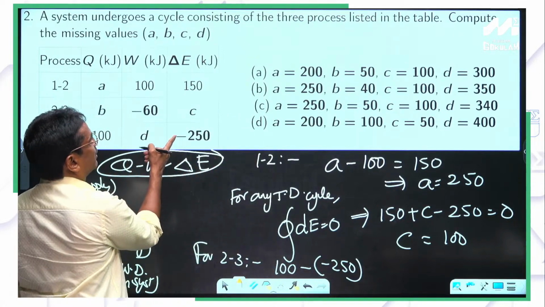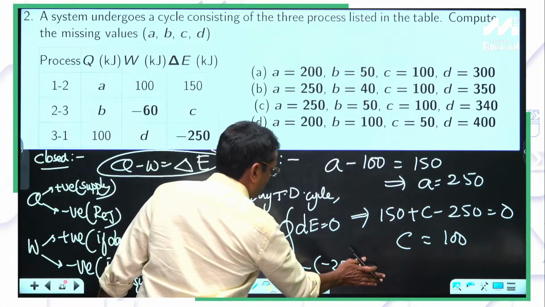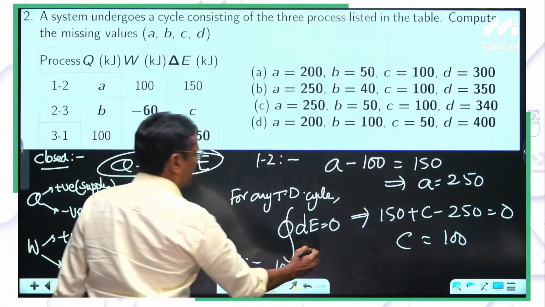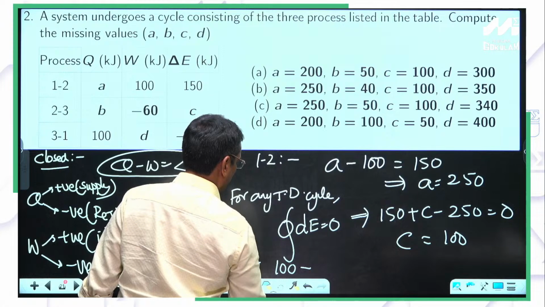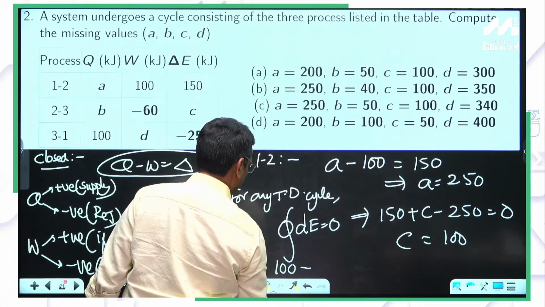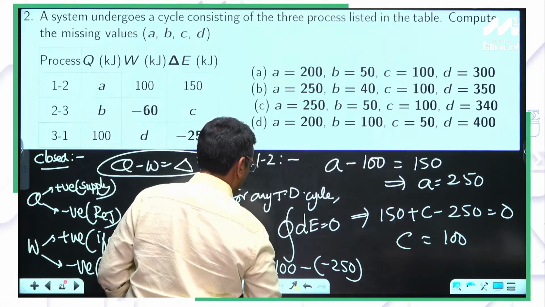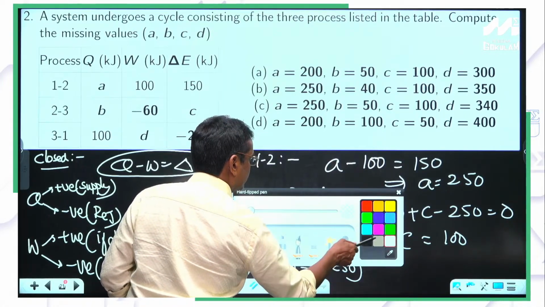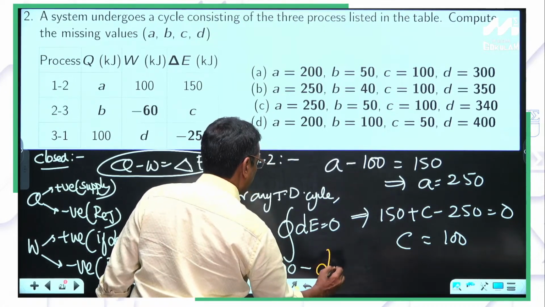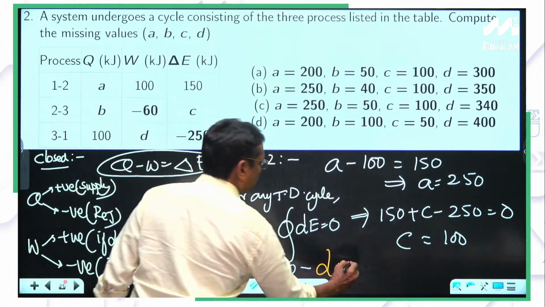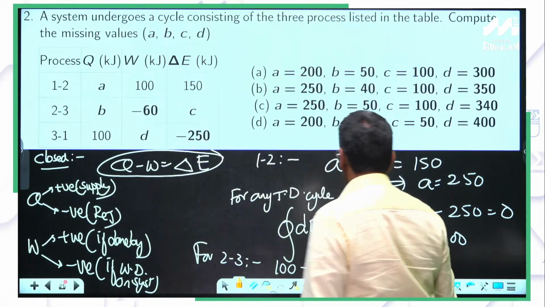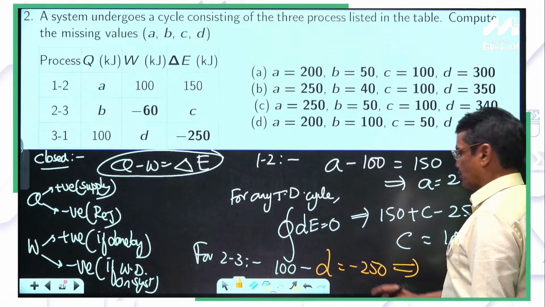So 100 minus D is equal to minus 250. This will become, D will go to the right side, 250 will come to the left side.